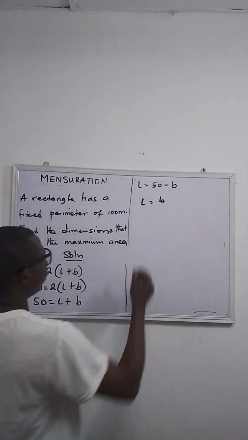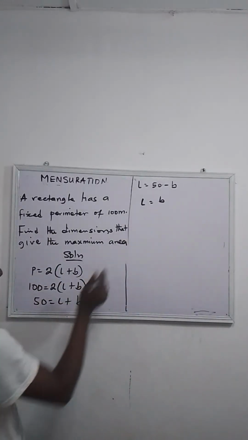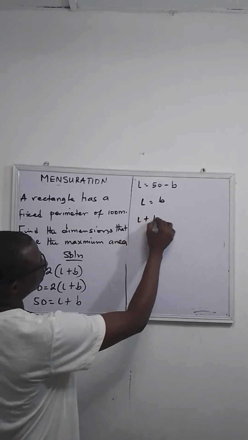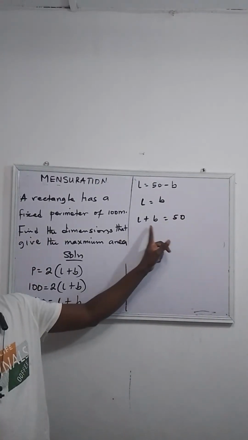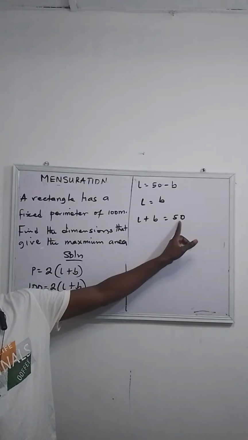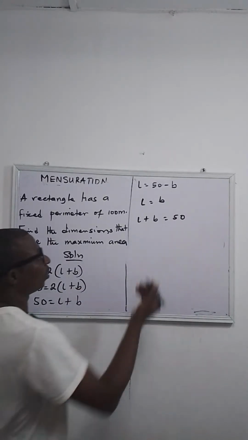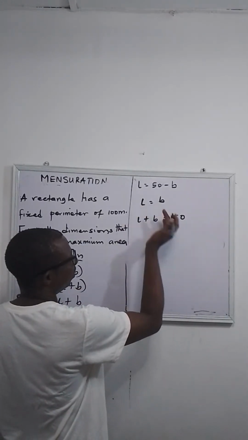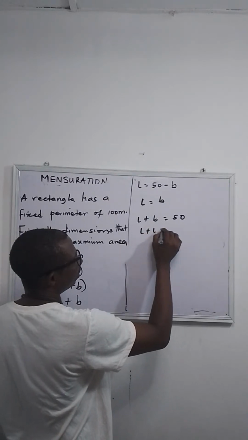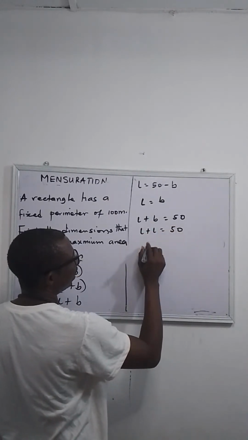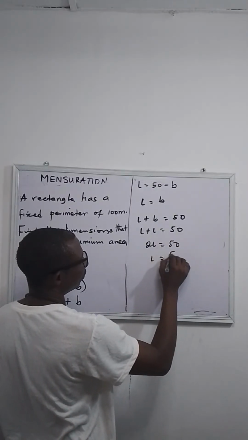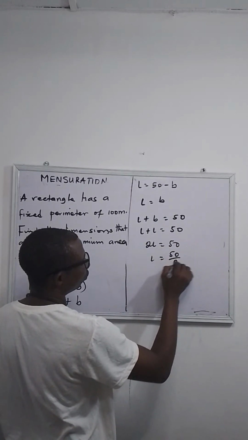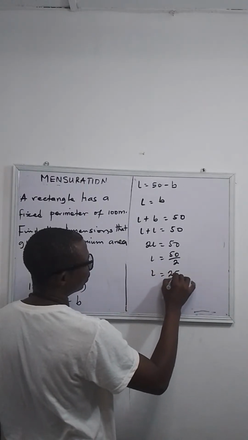What we have here is L plus B equals 50. And if they must be equal, they are going to share this equally. So since length is equal to the breadth, I have L plus L equals 50. So I have 2L equals 50, so L equals 50 over 2. So L equals 25 centimeters.